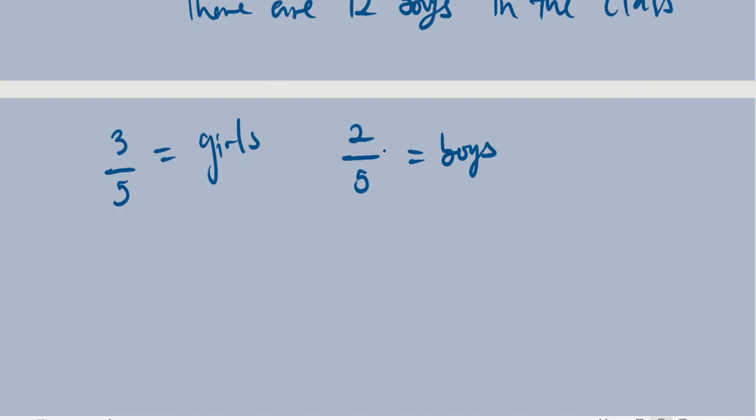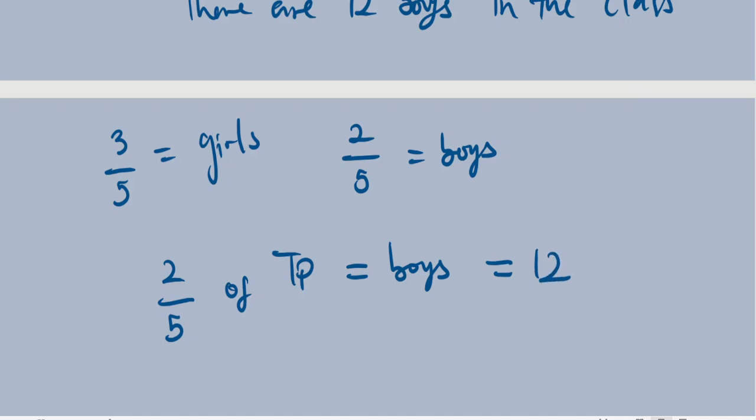So it was said that 3 over 5 were girls, and therefore 2 over 5 were boys. So if 2 over 5 of the total population of the class is boys, and boys are just 12, what's the total population?